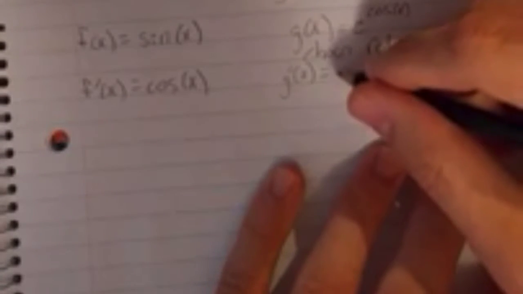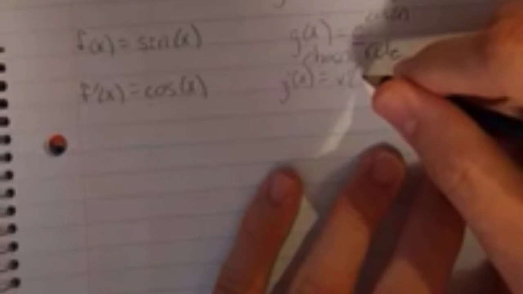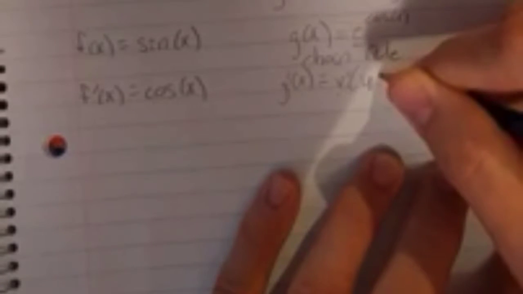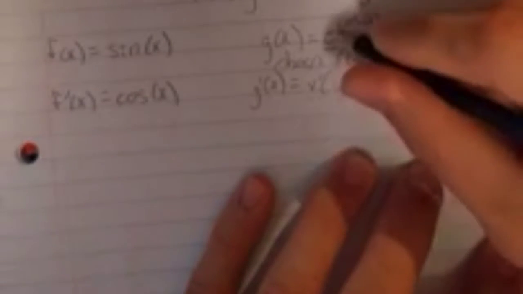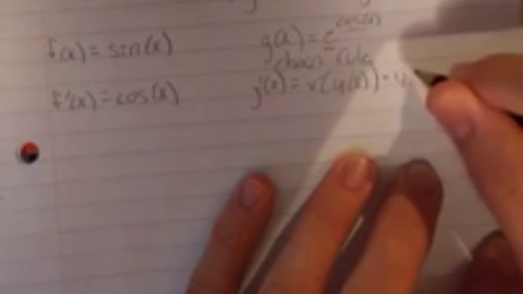So by chain rule, we're going to say that g prime of x is equal to the derivative of the outer function, in this case e to the cosine of x, with respect to the inner function. And then we're going to multiply that by the derivative of the inner function, which is cosine of x.